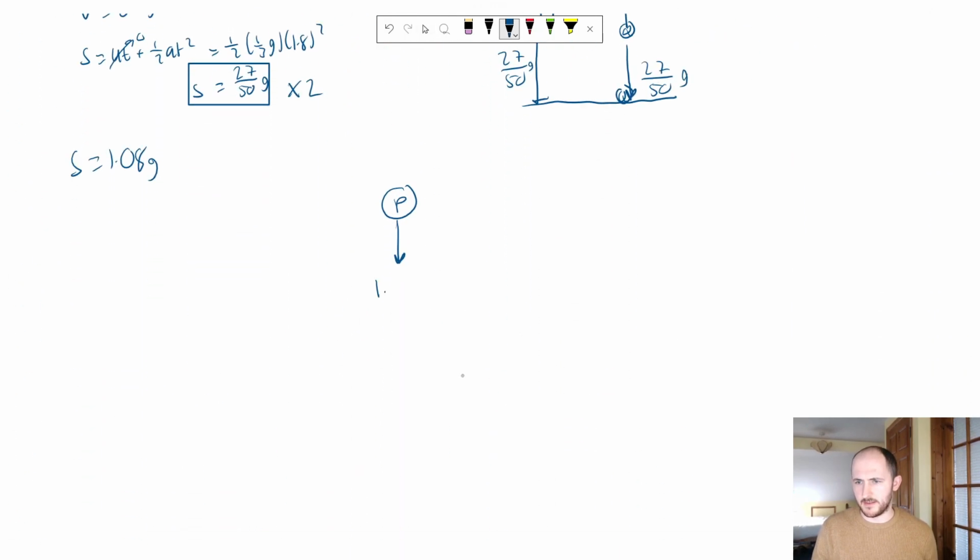So it's 1.5 mg. And that's it. So if we do F equals ma, again, we want to take upwards as positive, if we can. So we have negative 1.5 mg equals 1.5 m times a. Those two things cancel out, and we're left with a is equal to negative g.